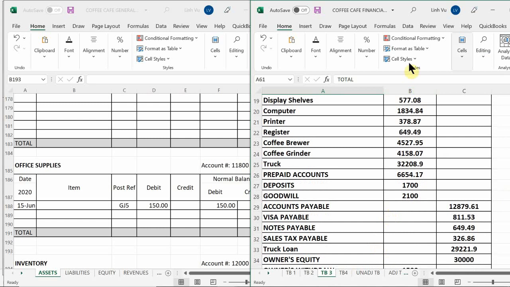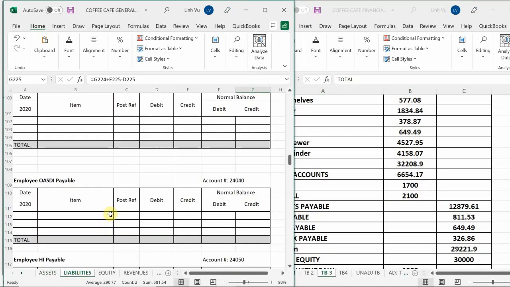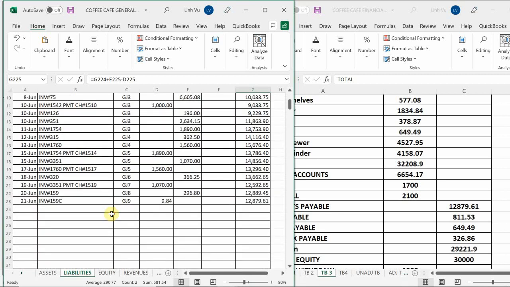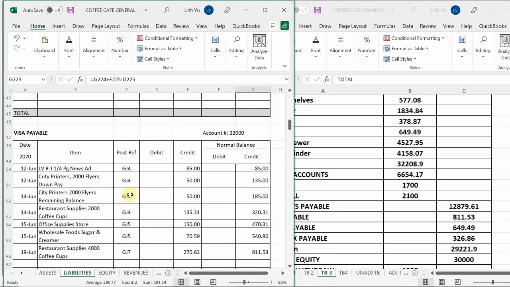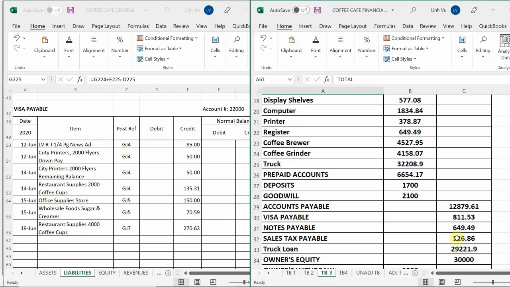Okay. Let me check out my accounts payable account. So I have 12,879.61. Okay. My credit card should be 811.53. Okay. What is this one?